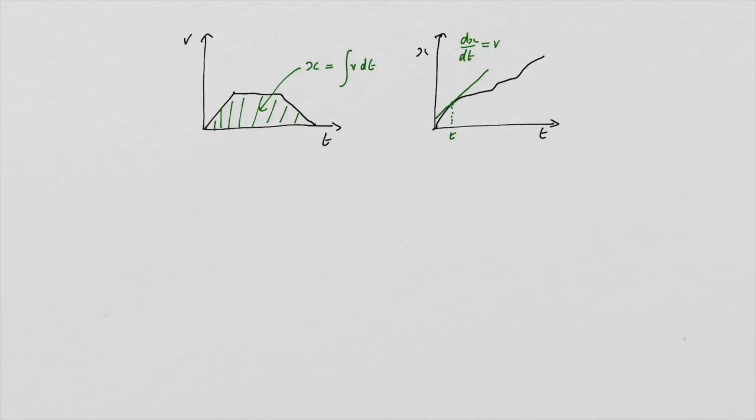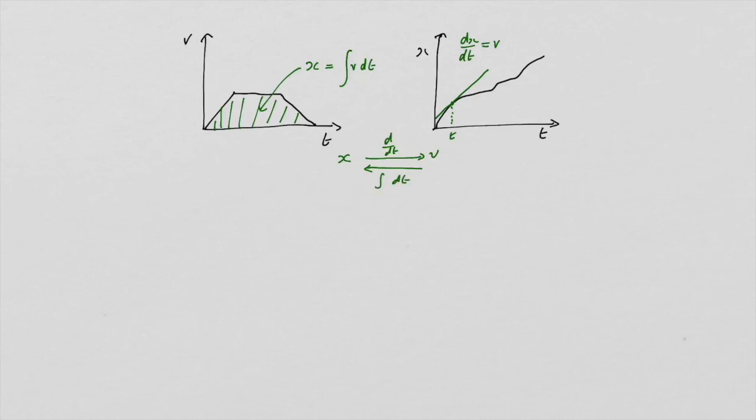And so from this we can see that, at least in this situation, the integral and the derivative go in opposite ways. If we want to go from x to get v, we would differentiate, but if we want to go from v to get x, we would integrate.